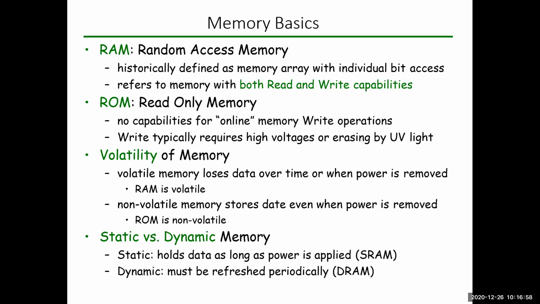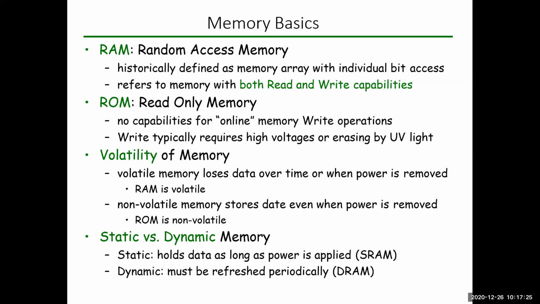Coming to static and dynamic memories. RAM is of two types basically. The first one is called SRAM, which is static RAM, and the second one is called dynamic RAM, which is DRAM. Static means whenever the power is applied, the data is held as long as the power is applied.